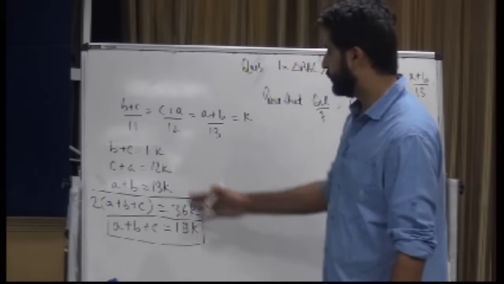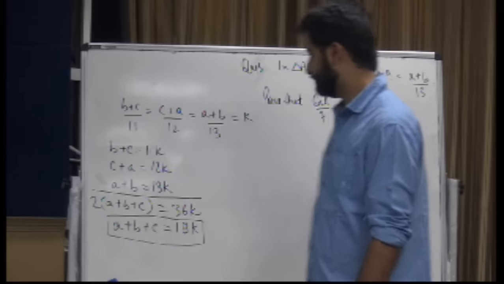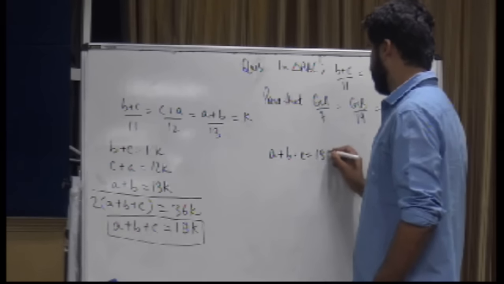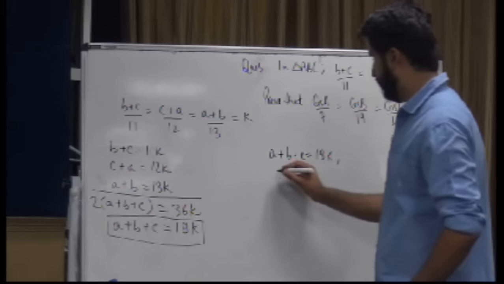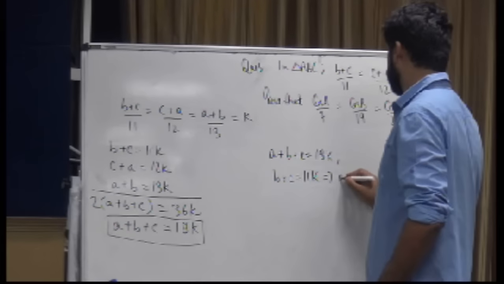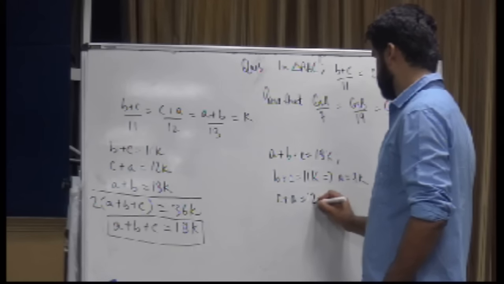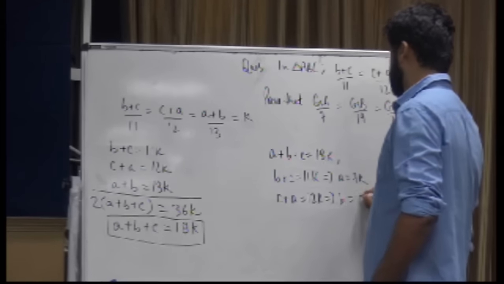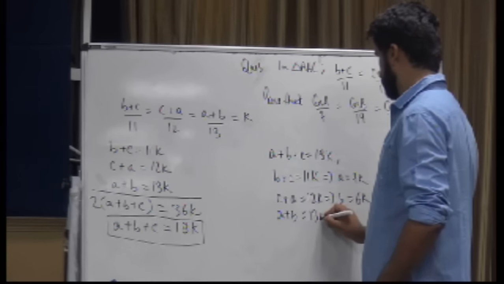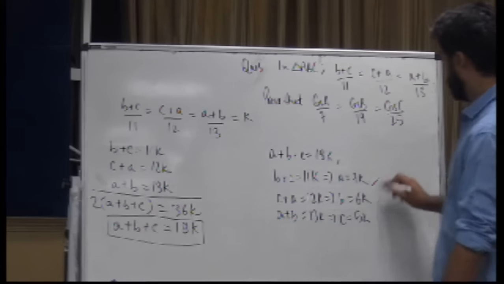So you just start putting the values of the pairs and you start getting the value of the third side. So if a plus b plus c is equal to 18k, b plus c is 11k, which implies a is 7k. C plus a is 12k, so b is 6k. Okay, so you get a, b and c.